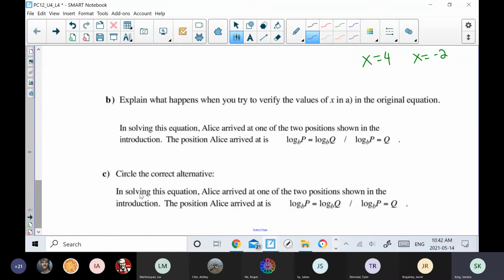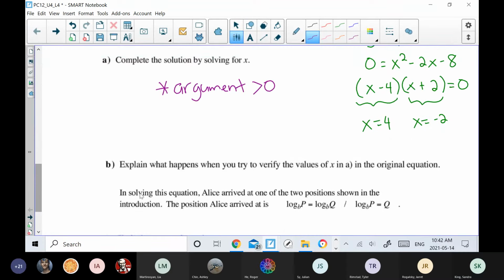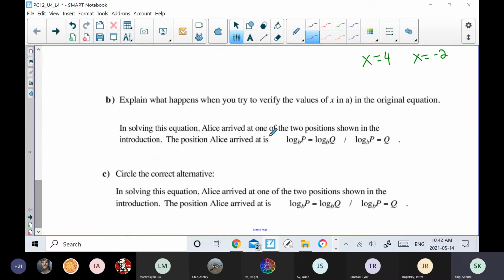So now we're going to verify this. Let's see where we have room. So you might have room for B to verify. I'll just show you what our verify would be. Let's write our original equation, which was the log base 5 of x plus 1 plus the log base 5 of x minus 3 is equal to 1.